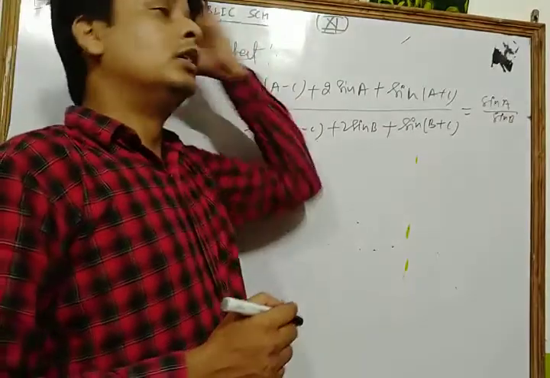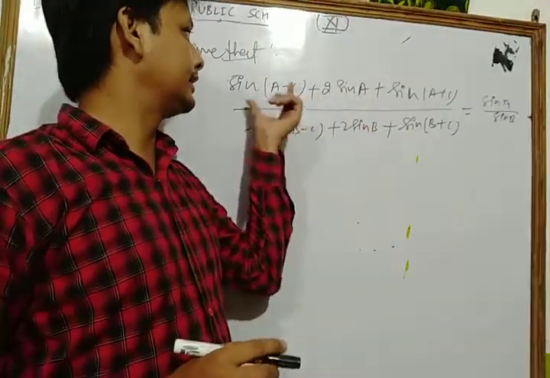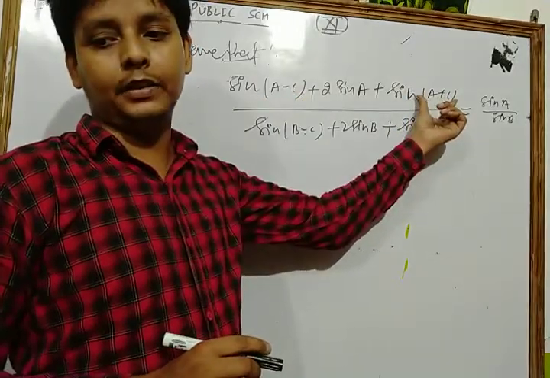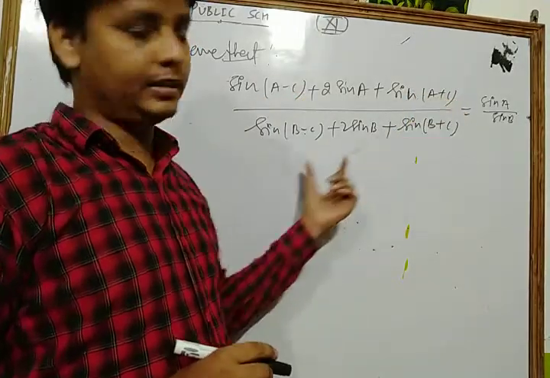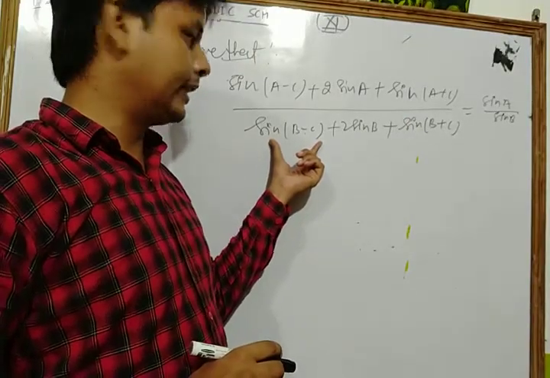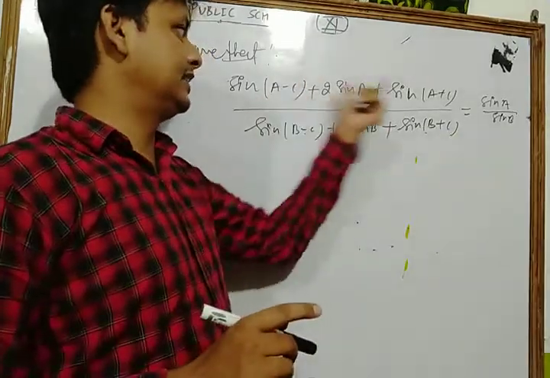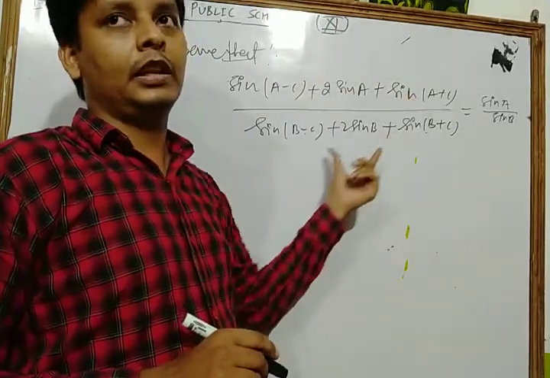Dear students, first we take those two parts, sin(a minus c) and sin(a plus c), and the same in the denominator, we take the first two parts, sin(b minus c) and sin(b plus c), and we apply the formula for sin C plus sin D in the numerator and denominator.